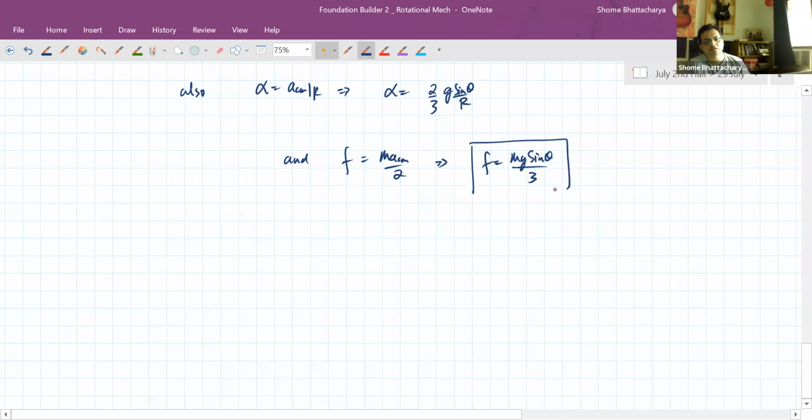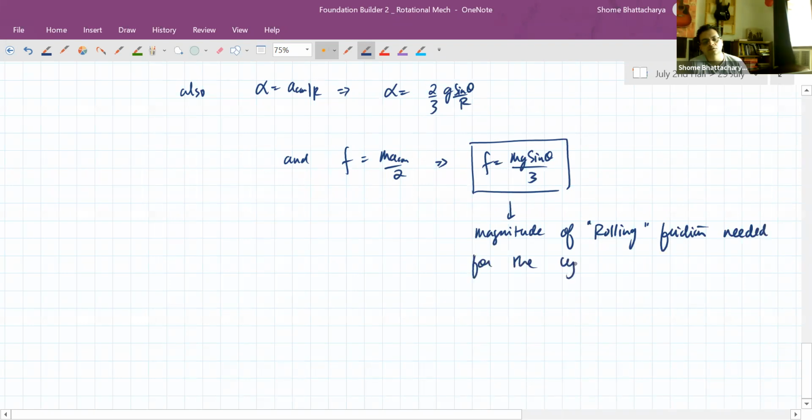So this value that we are getting is the magnitude of rolling friction required for the cylinder to be able to roll without slipping.